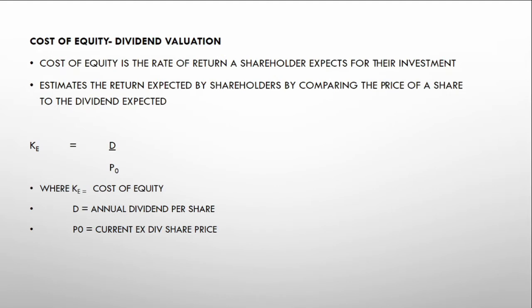The first type of long-term finance we are going to look at is the cost of equity. And how will we determine the cost of equity? The cost of equity is going to be the rate of return a shareholder expects for their investment. So a shareholder is going to buy shares in a company and is going to provide finance to the company.